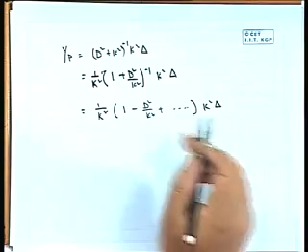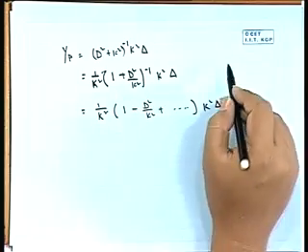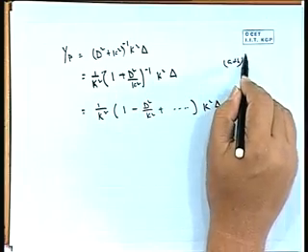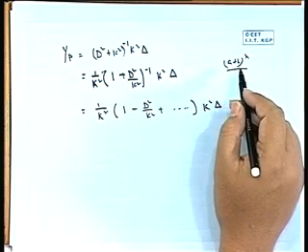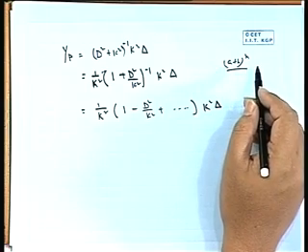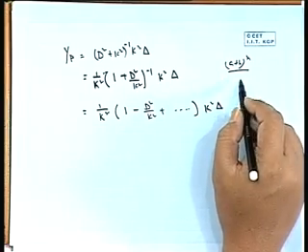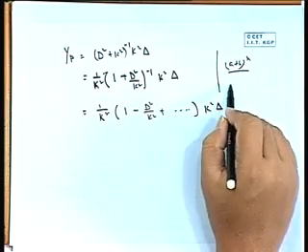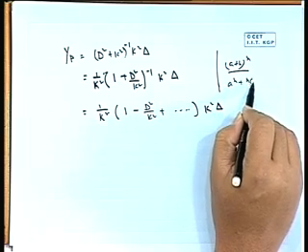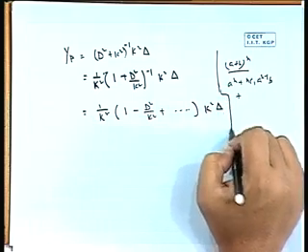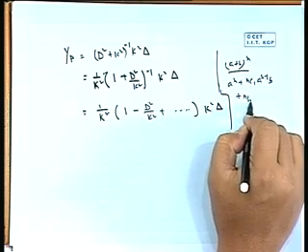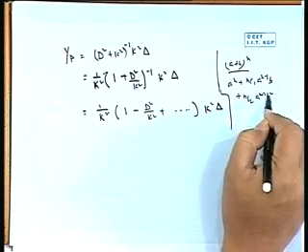Now what will be happening? We know (a plus b) to the power n. It is a to the power n plus nC1 a to the power n minus 1 b. We write in this form: a to the power n, nC1 a to the power n minus 1 b, nC2 a to the power n minus 2 b square.